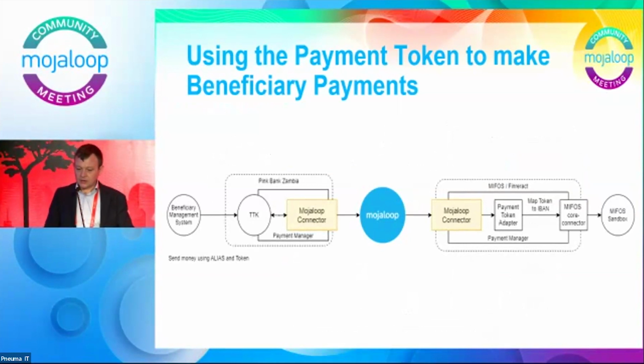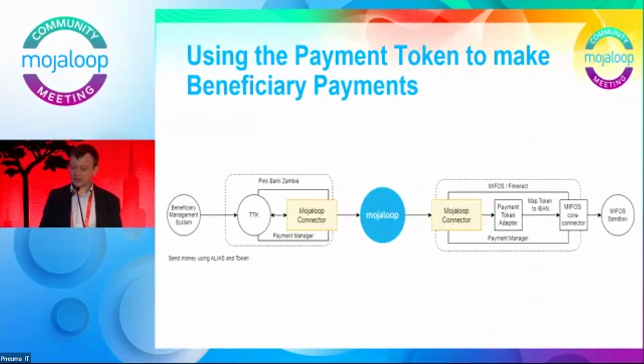So then how does a payment work? This is the second part of it. We've got a beneficiary system as the payer. It connects through payment manager and Mojaloop connector, which connects to Mojaloop, and that forwards the payment on to the connection manager, which goes through the payment token adapter, which then maps the token alias into the IBAN.